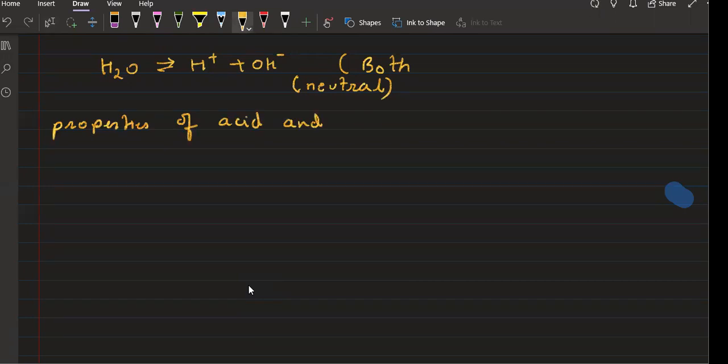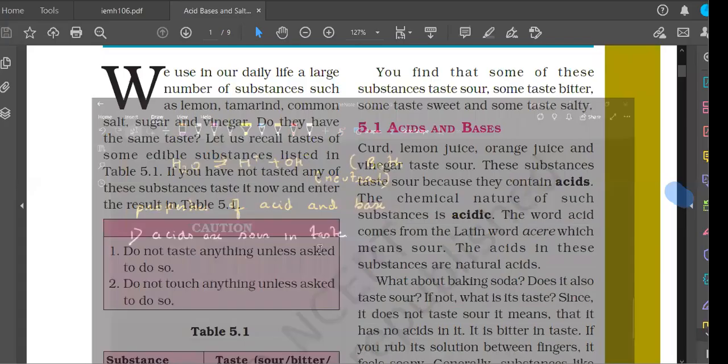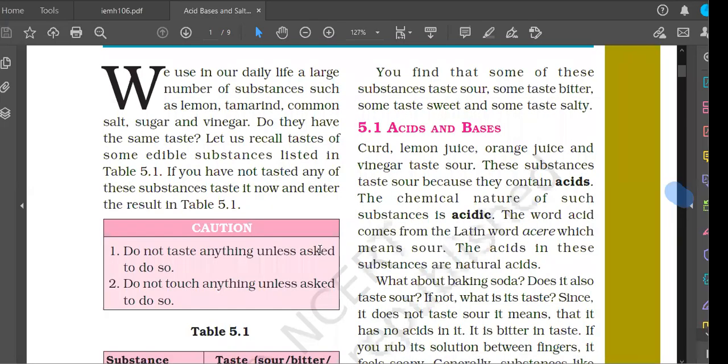The first property: acids are sour in taste. That's what we studied. So this is the property of acid. It is not the definition of acid, but for your syllabus, it is a definition.